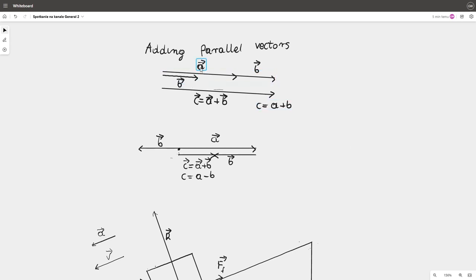You can see it here, vector A and vector B. We see that magnitude of vector C in this case is equal magnitude of vector A plus magnitude of vector B. If vectors A and B have opposite directions, magnitude of vector C, which is sum of vectors A and B, is equal magnitude of A minus magnitude of B. You can see it here.